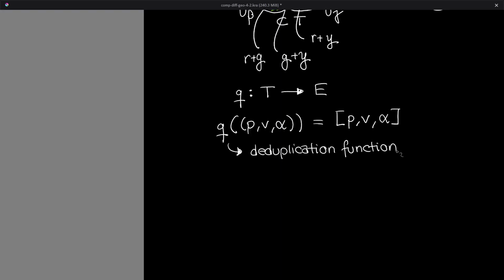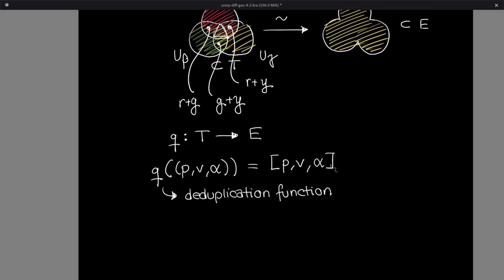It sends all of the points (p, v, alpha), for each U alpha, each local patch on which that point lies, to the same equivalence class, which are elements of E, and those are the deduplicated points.